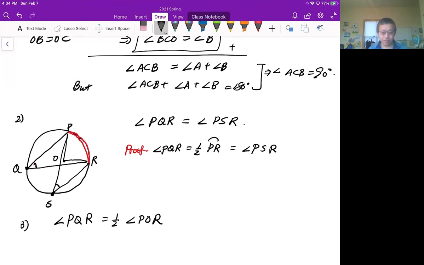Why? Well, this guy is just 1/2 of the PR. That's a definition: the measure of the arc equals the measure of the central angle. So this angle PQR is just 1/2 of the other angle here. Now you can see that.